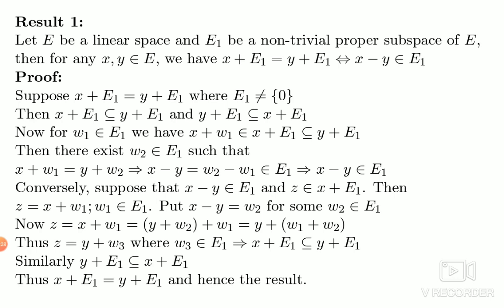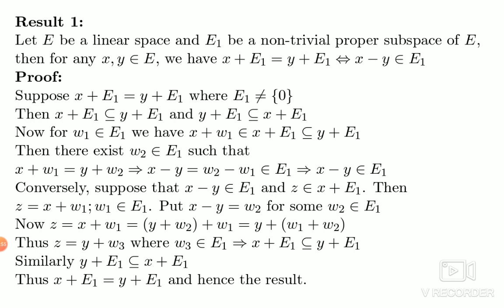Result 1: let E be a linear space, and E1 be a non-trivial proper subspace of E. I have already told what will happen when it is a trivial subspace. If it is a trivial subspace, then the coset will be the set of all points of V, that is V itself. So nothing special with it. If the subspace is V itself, then the coset will be only the point 0. So that is nothing to deal with.